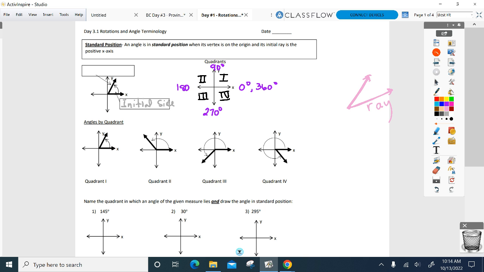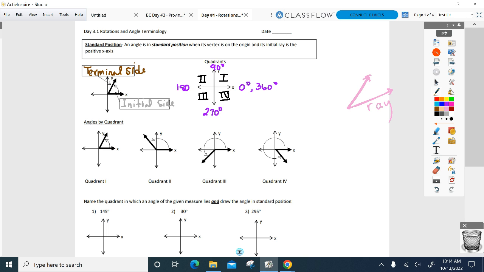The initial side, always on the x-axis. The other side will be located in one of the quadrants, depending on the degree measure. This side's called the terminal side. That's because it's where it ends, terminal side. So one side of the angle, always on the x-axis, the other side depends on the angle measure.